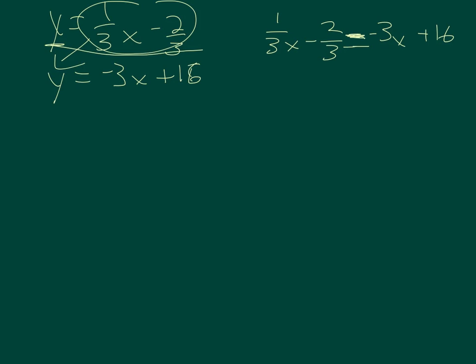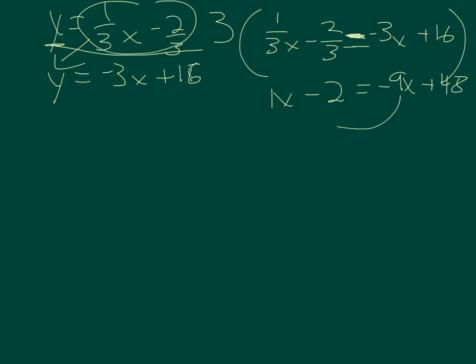We want to make that fraction go away if at all possible. In order to do that, we find the common denominator or common multiple. We only have 3's on the bottom, so I can multiply everything on both sides through by 3, and I'll have an equivalent expression. So this will give me 1x minus 2 equals -9x plus 48.